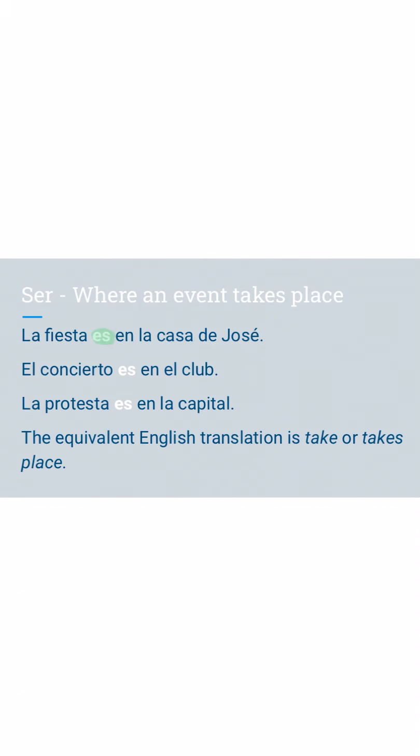Notice again, we see that lovely structure, the house of José rather than José's house, right? So the party is in the house of José. Another one, we have el concierto es en el club, which is saying the concert is in the club. La protesta es en la capital, the protest is in the capital. And in this case, we look at it as is take or takes.